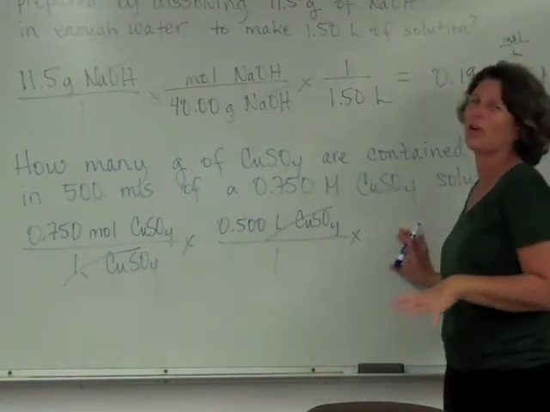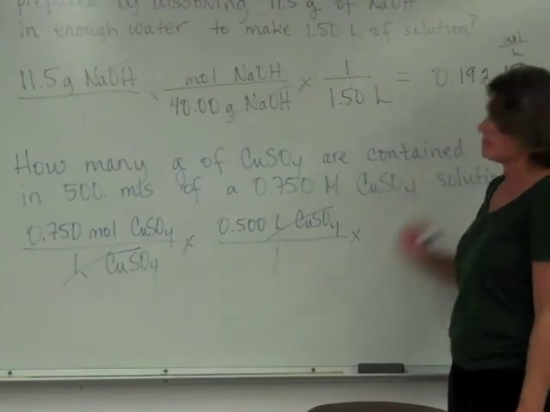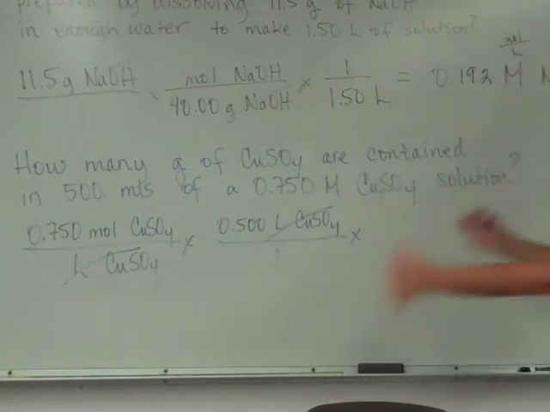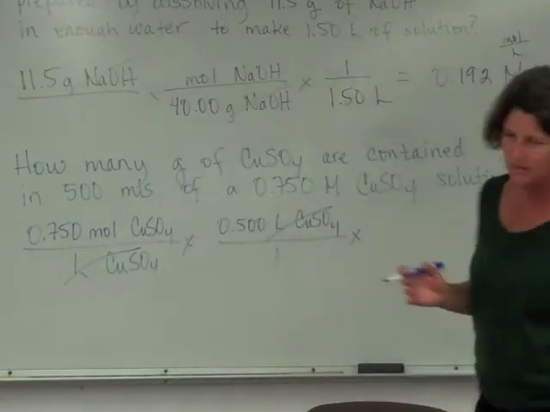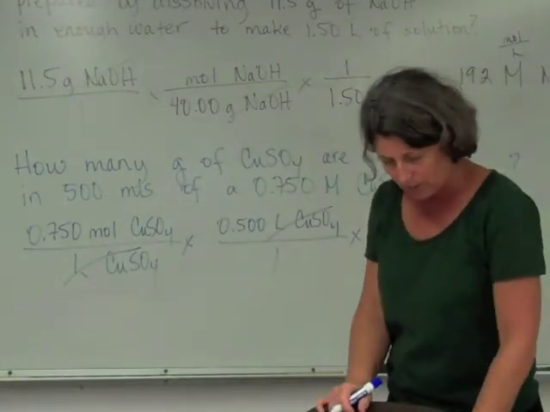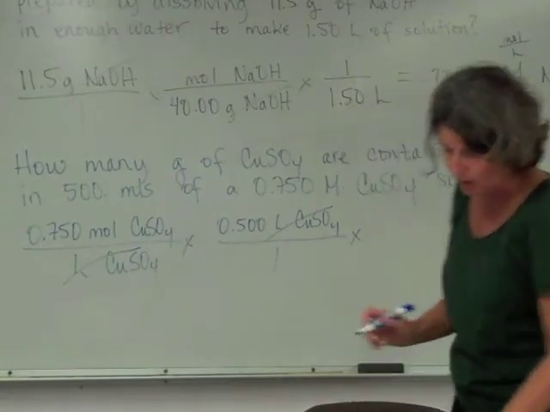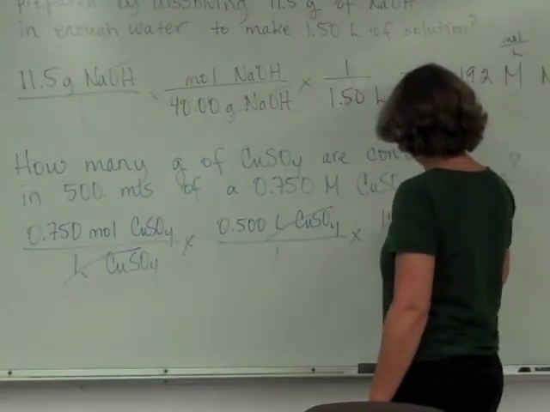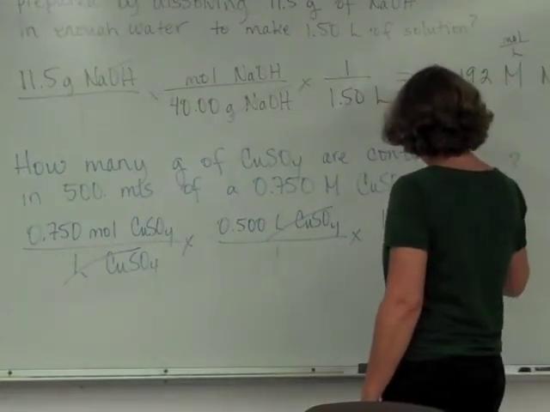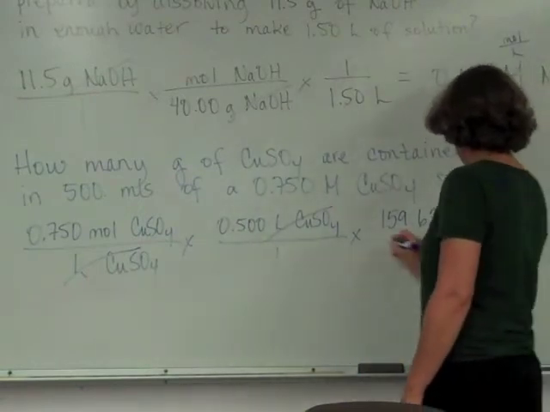So we would never call this stoichiometry. Okay, so anyway, I'm going from moles to grams, so I'm going to use the molar mass of copper 2 sulfate, which if we were in class, I'd make you calculate it. So we are 159.62 grams of copper 2 sulfate per mole.